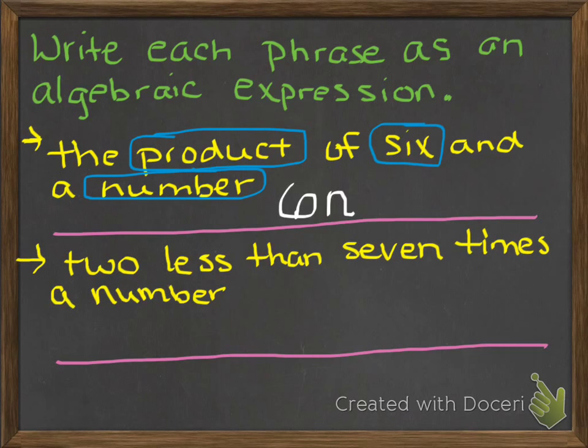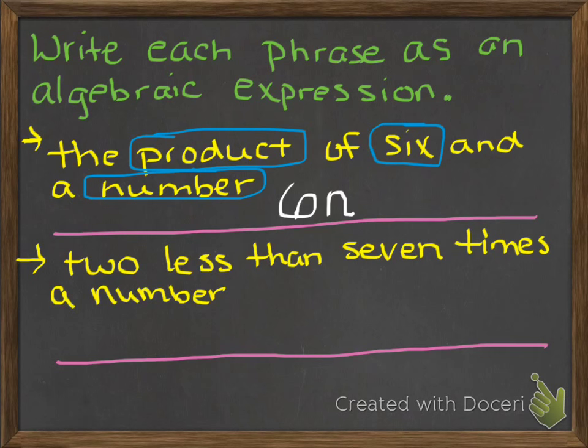Remember, you should not have a multiplication sign here. In algebra, you're just going to see the letter and the number next to each other with no spaces or operations in between. So 6n means multiplication, so that covers the product. 6 is our number, and n is the variable.